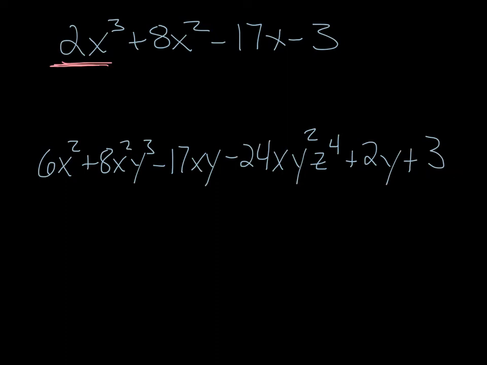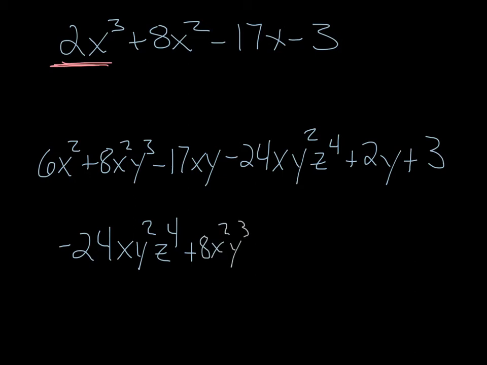Now, since the leading term of a polynomial is the term with the highest degree, that would make our term here, -24xy squared z to the 4th, our leading term, because it does have the biggest degree. Followed by 8x squared y cubed.